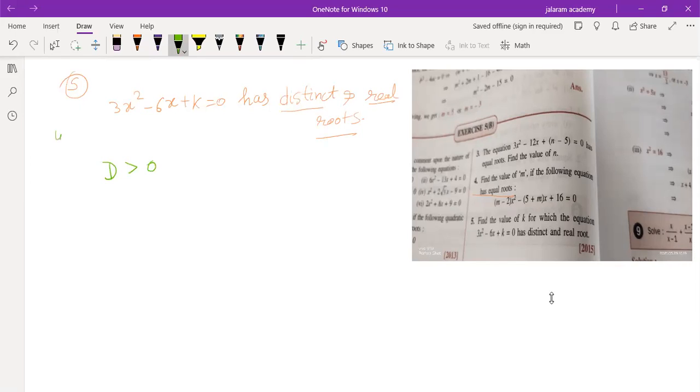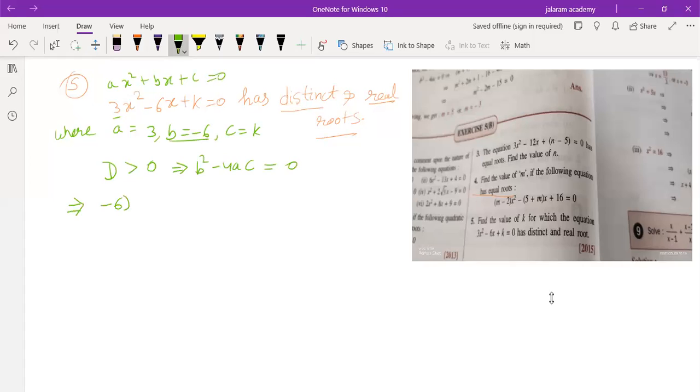Where, comparing it with ax square plus bx plus c equals 0, a equals 3, b equals minus 6, c equals k, means b square minus 4ac is, it implies value of b is minus 6.